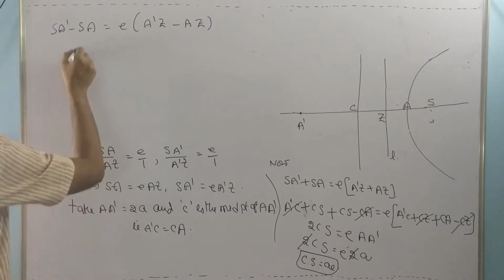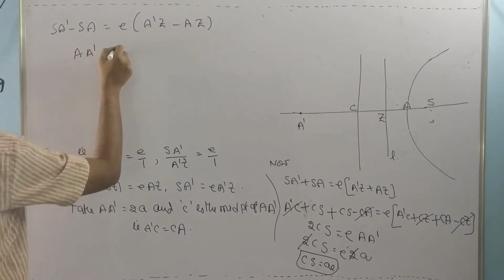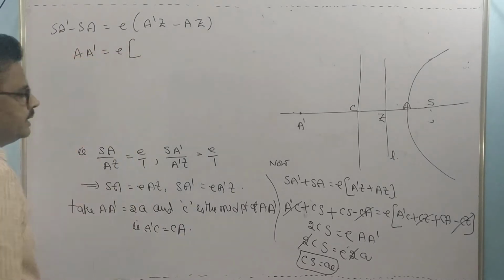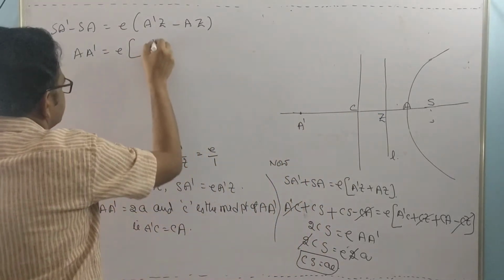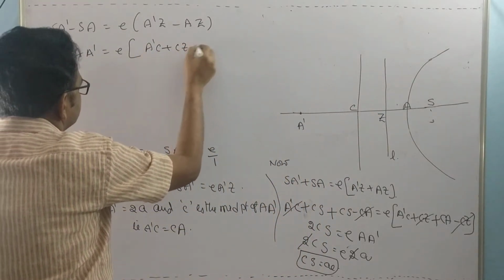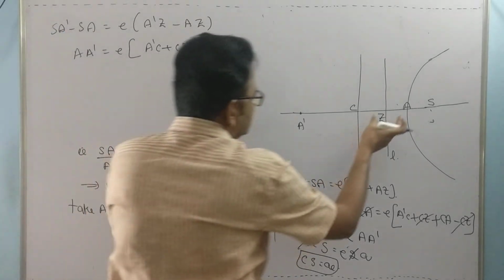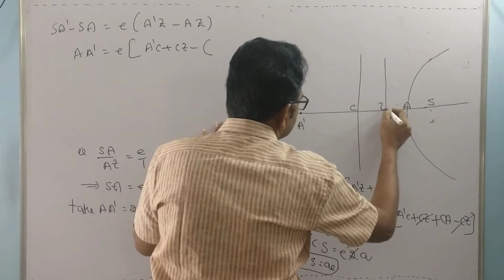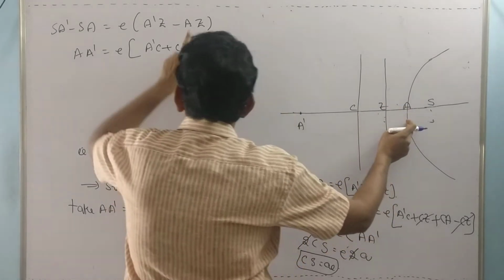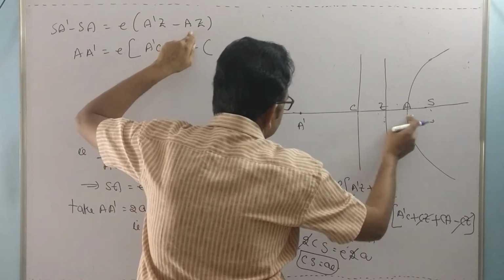So LHS is AA dash equal to e into A dash Z, that is A dash C plus CZ, minus AZ. AZ means CA minus CZ.